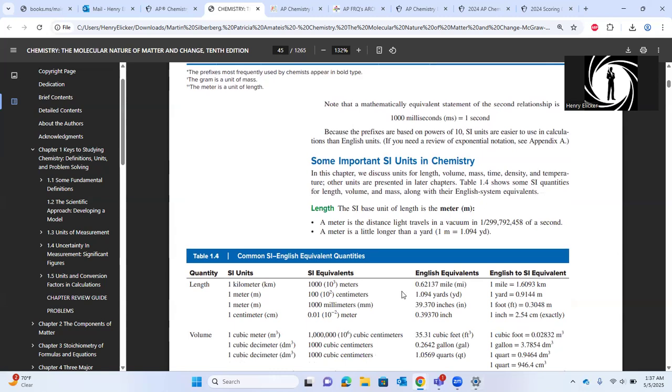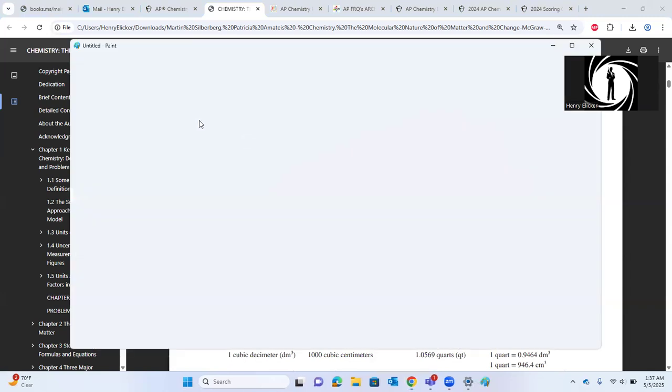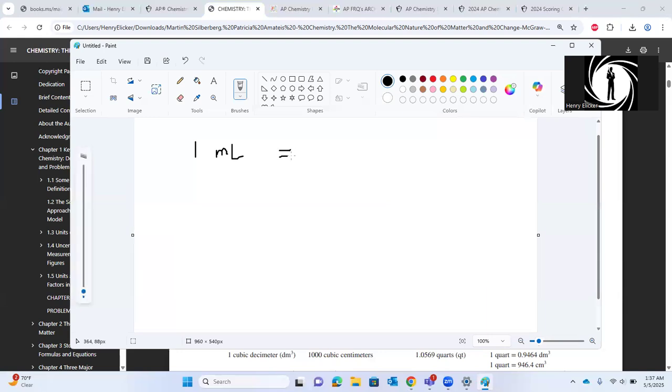Alrighty, we can do an example here. What if we have 1 milliliter? How can we represent that? Well, you can represent it in terms of liters. Milliliter, remember, has the prefix milli.